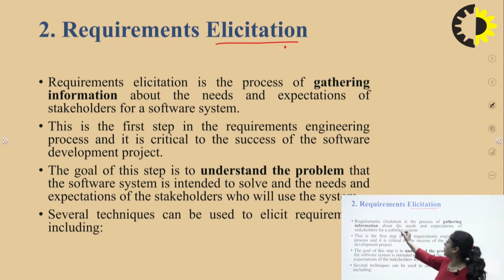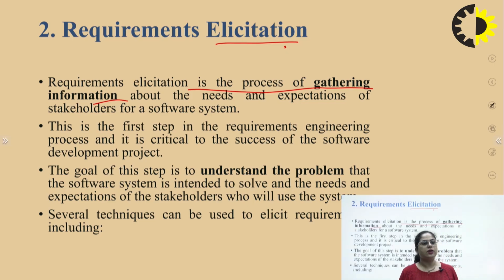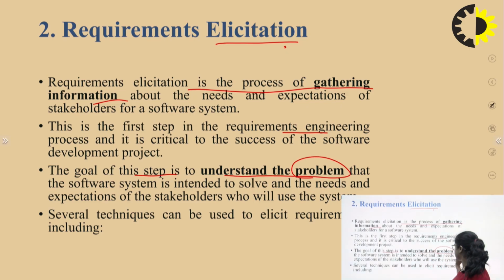Requirements elicitation is the process of gathering information about the needs and expectations of the stakeholders for the software system. This is the first step in the requirements engineering process, and it is critical to the success of the software development project. The goal of this step is to understand the problems.